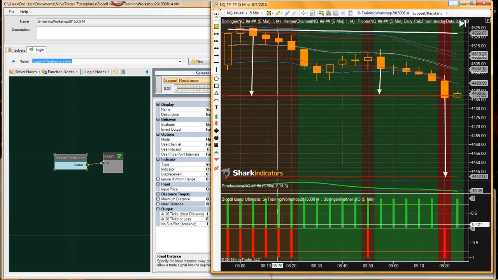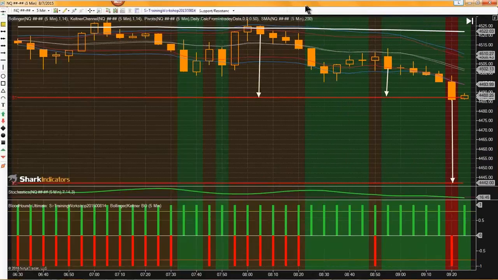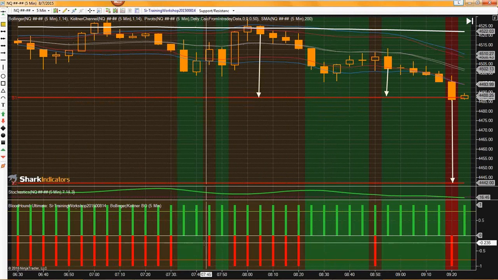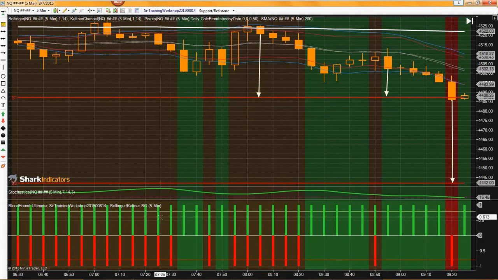Okay, so let's look at BloodHound's output and pay attention. The support resistance solver, when we're looking at it directly, looks a little messy. And right off the bat, it doesn't seem to make a lot of sense, and that's because the support resistance solver isn't really used to generate trade signals. It's more used as a filter, right?